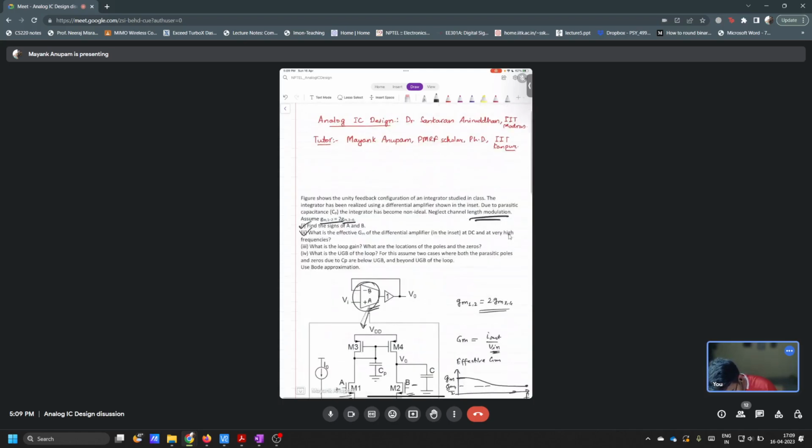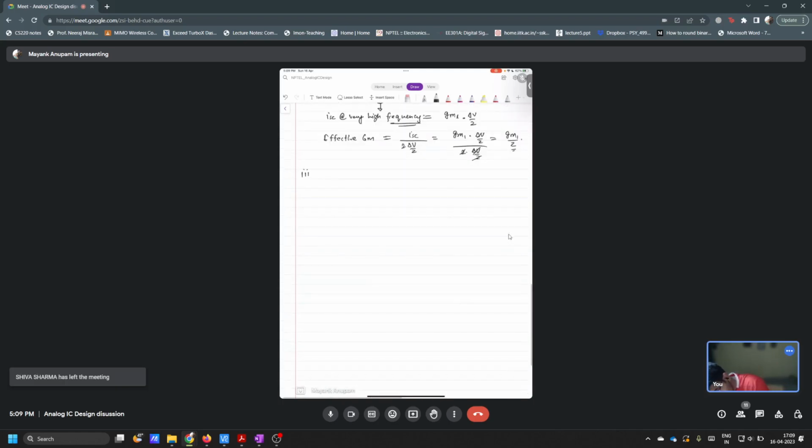So, third question, right? You have the circuit. CP here. You have this capacitor here. And after this there is a buffer here, right?